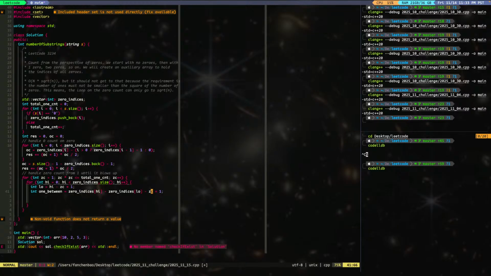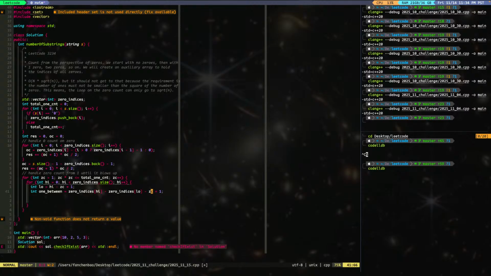If the high and low are pointing to the same thing, right? It's actually complicated. Because if 0 count is 1, high and low point to the same thing, then 1 in between is actually 0. Right, we don't have anything.